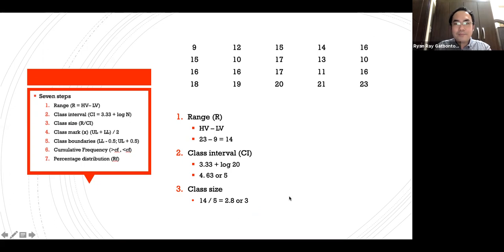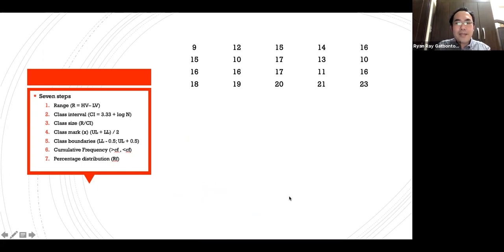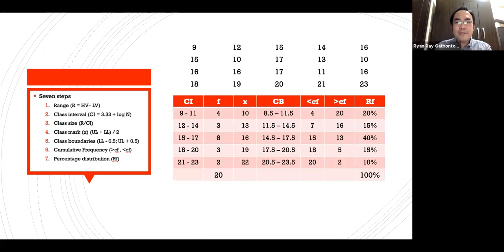Now, the next step is to create the table itself. I already have a table here, but let me explain how I arrived at this one.